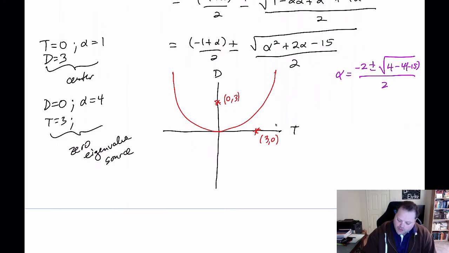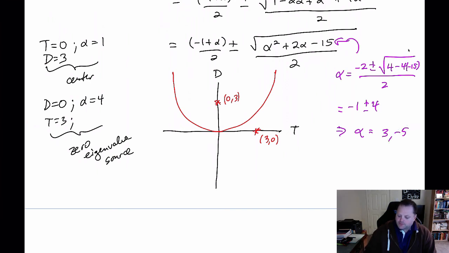Okay, so I'm just looking at this quadratic here. So this would be -1 plus or minus, and if I pull out the 4's in both cases, I get the 2 to cancel here. So I end up with the square root of 1 plus 15. The square root of 16 is 4, right? So this looks like -1 plus or minus 4. So alpha is equal to 3, or alpha is equal to -5.